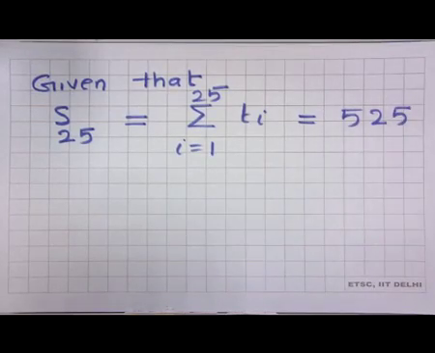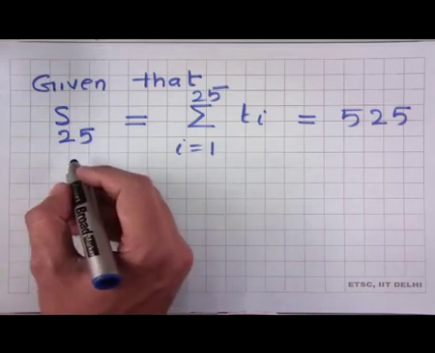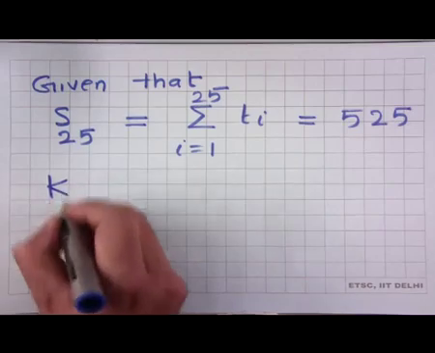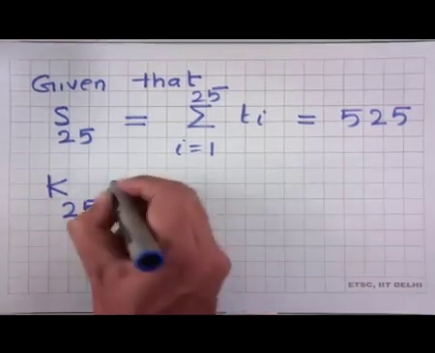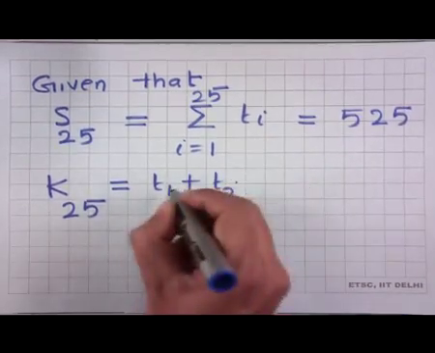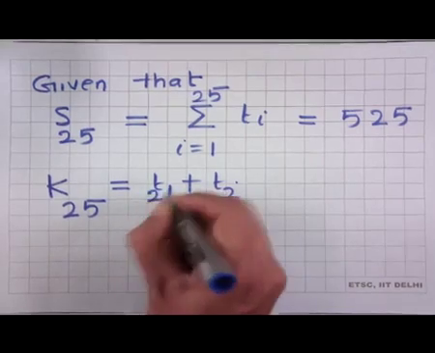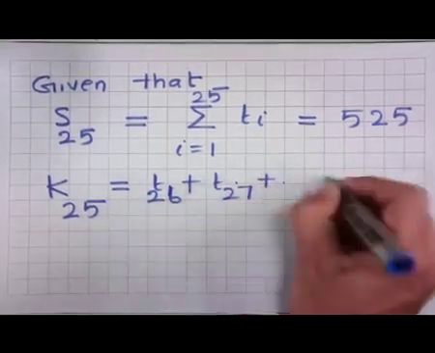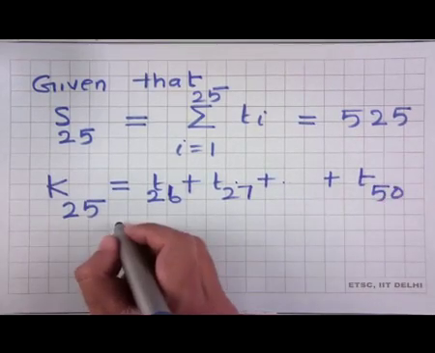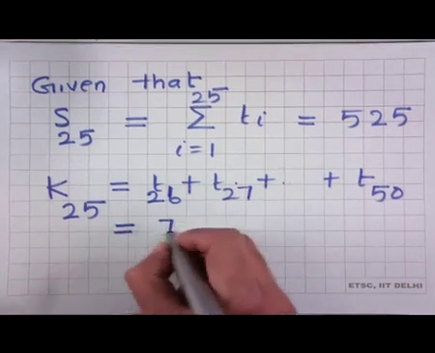Recall that we have a ready-made formula for the sum of first n terms of an arithmetic progression. Further, it is given that the sum of the next 25 terms, which we denote as K25, is 725.